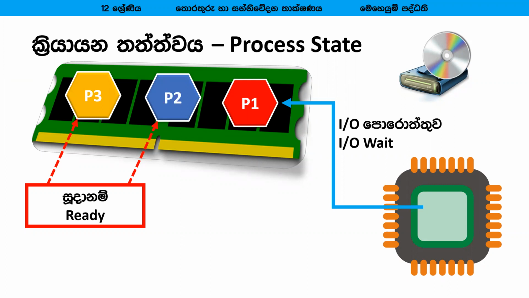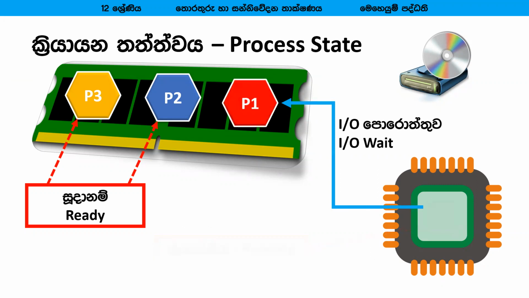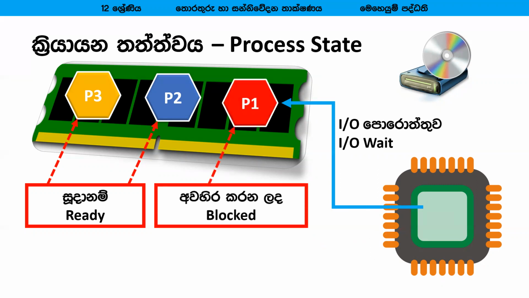So due to an input and output wait, the running process can be sent to the RAM again. When a process is running inside the CPU, it has the state called running. And when it is moved to the RAM, a new state is given, which we call blocked. It is not going to be ready.